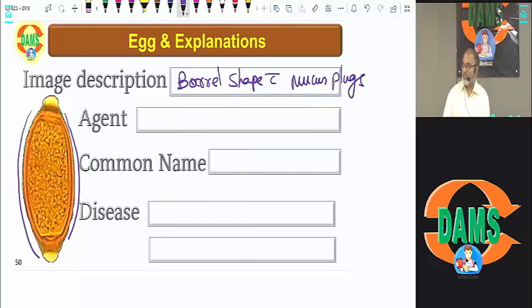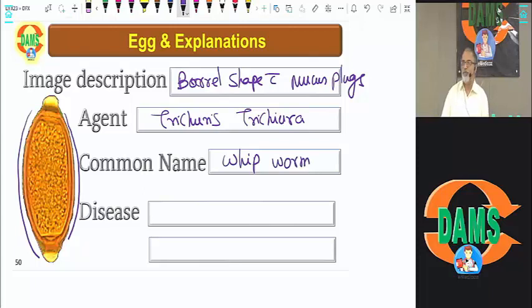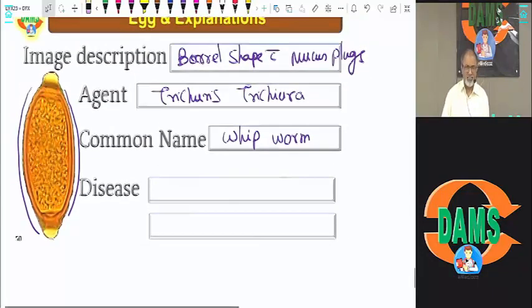Trichuris trichiura. What is the common name for Trichuris trichiura? Whipworm. Common name is whipworm. What disease does it cause? Any idea?